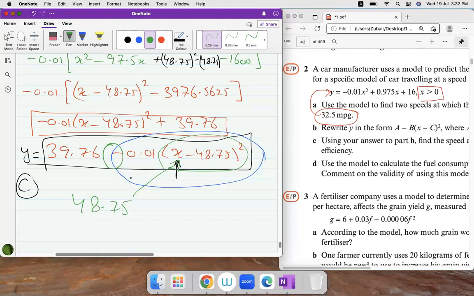Whatever you use other than this value will result in a constant which will be subtracted from 39.76. So this is your answer. You see, there wasn't any working over here, but you had to think over the question.